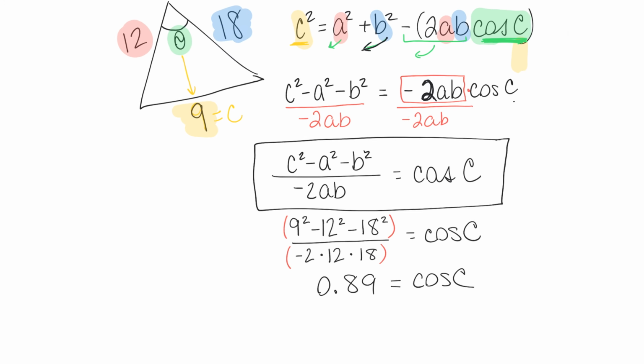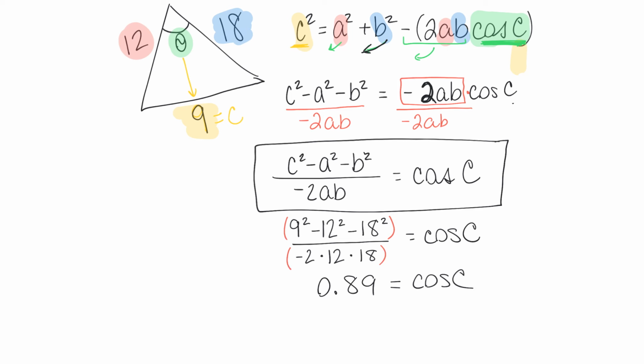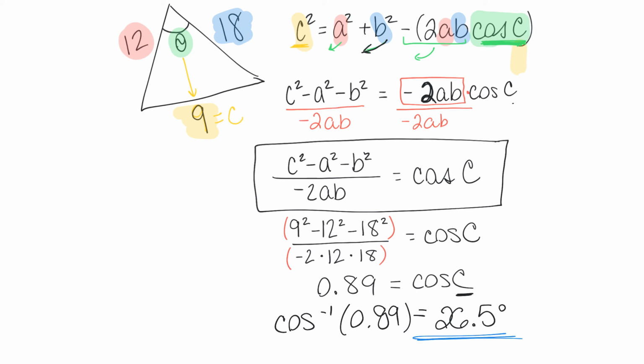Okay, now that equals the cosine of c, so we're not done. We need to find c, which means we're going to use our second function of cosine to find c. So the second function of 0.895 is 26.5 degrees. And that means we're done.